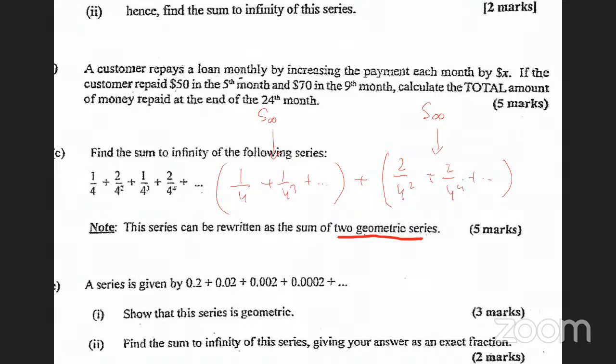Work it out separately. Of course, here you have A and R for the first one, A and R for the second one, then add them up.